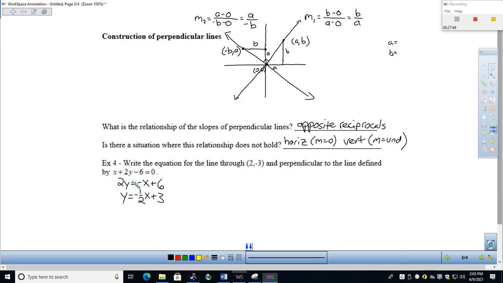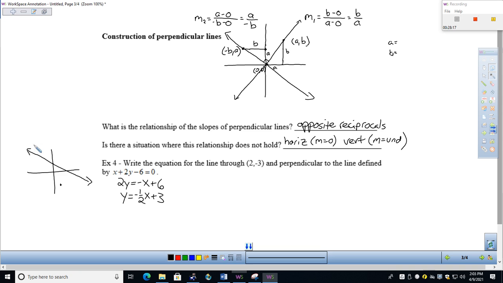And again, I like to be visual with everything that I do, if at all possible. So what I'm seeing is it has to go through 2, negative 3. So here is 2, negative 3 right here, give or take. If I was to graph this line with a y-intercept of 3 and down 1 over 2, it probably looks something like that.